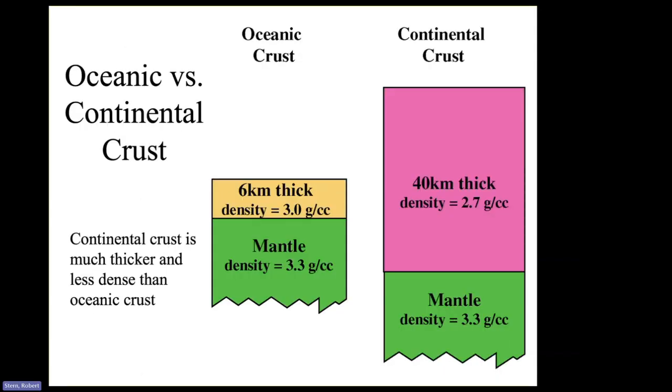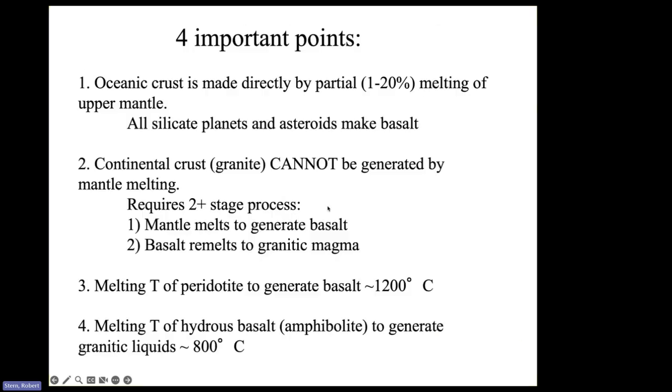We'll just get back to this diagram. Here we're seeing the differences between the continental crust and oceanic crust, and there are 4 important points we want to make. First, oceanic crust is made directly by partial melting, somewhere between 1 and 20%, of upper mantle.